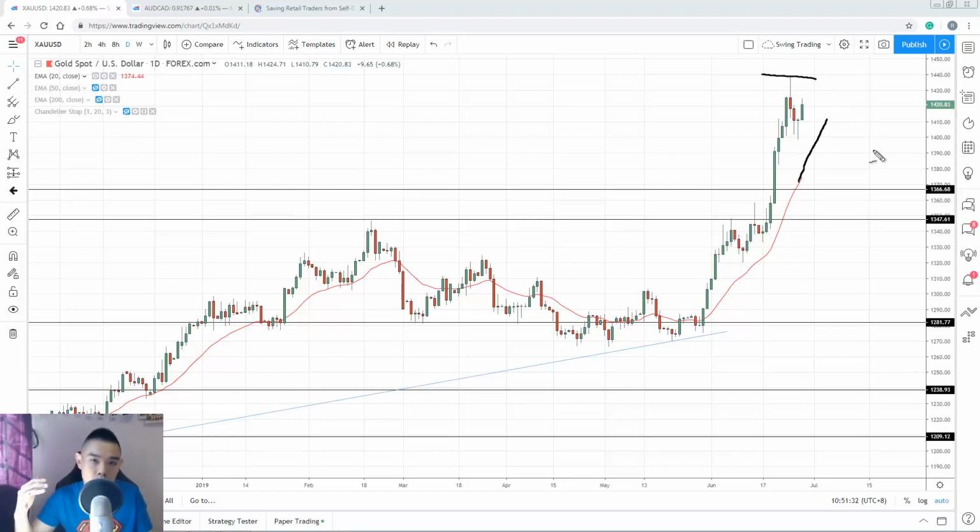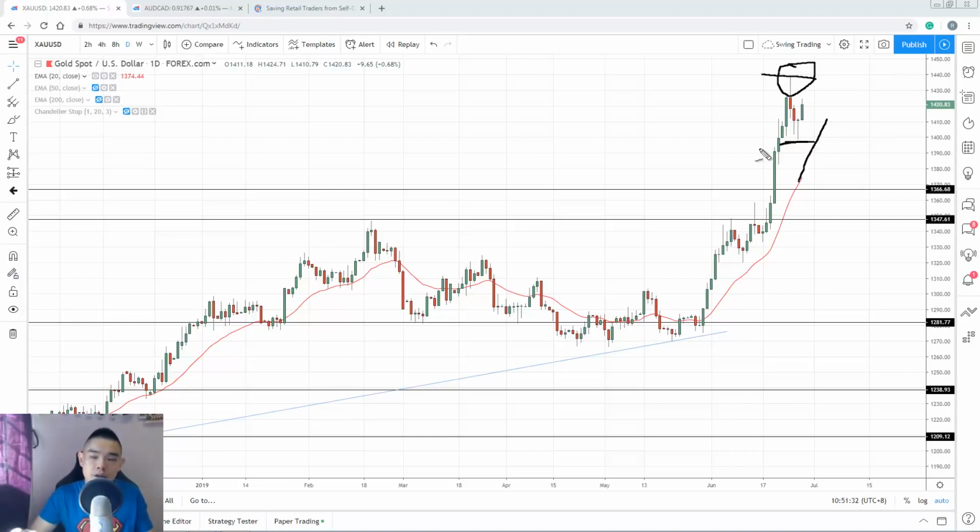Because if you recall, an uptrend consists of higher highs and higher lows. So if this trend is healthy and likely to continue, I could buy the break of these highs and then just have my stop loss below this swing low.